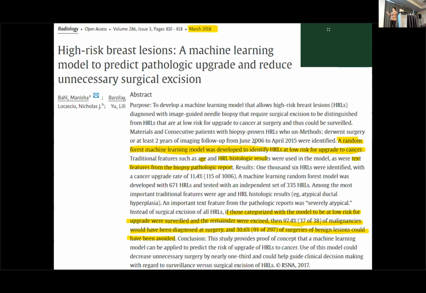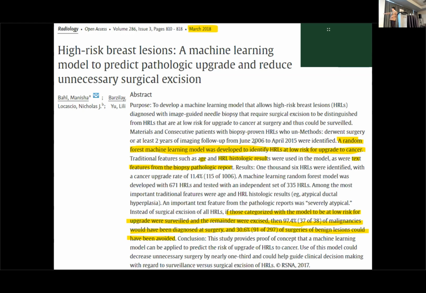So essentially it's just a machine learning classification model. I don't know exactly what to do with radiology, I suppose because it's a breast lesion that started from the radiology aspect.